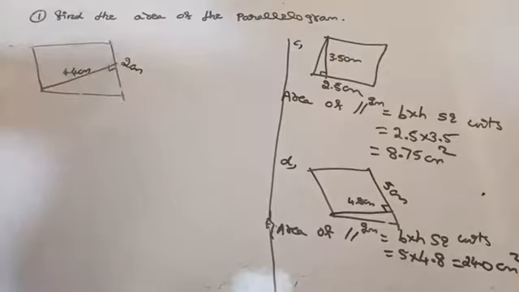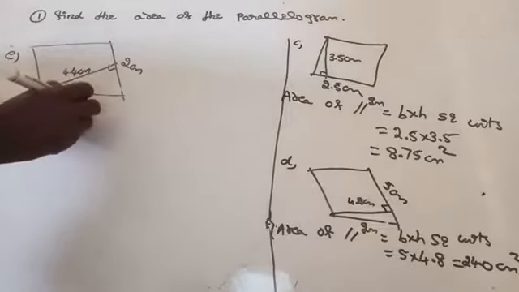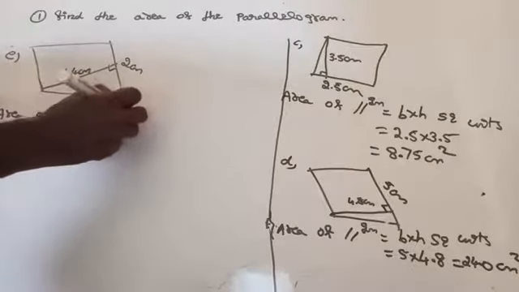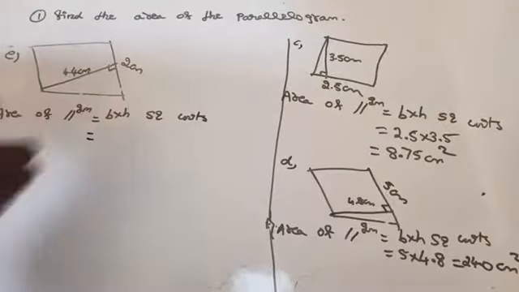You have to find the area of the parallelogram. So tell me, what is the area of a parallelogram formula? Area of parallelogram is nothing but base into height square units.